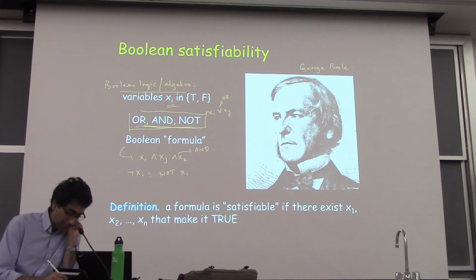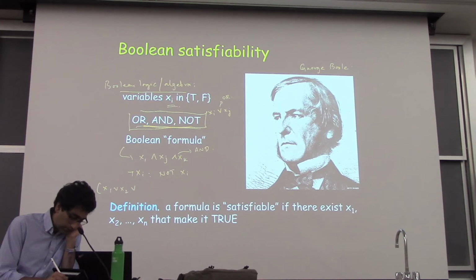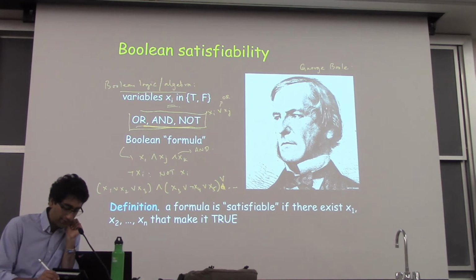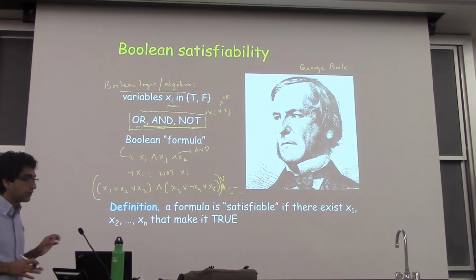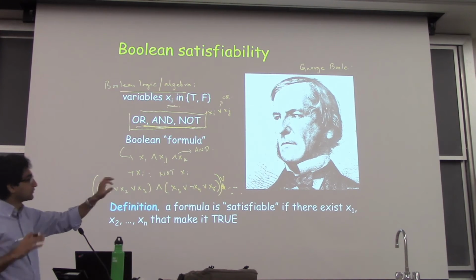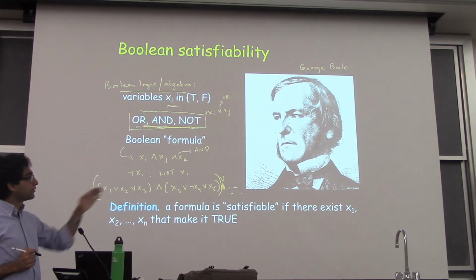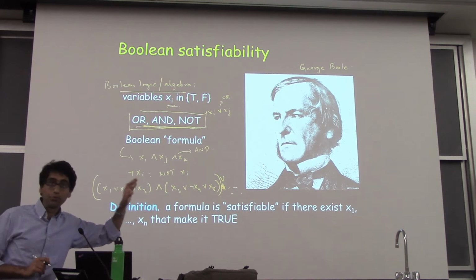So it could be something like x1 or x2 or x3, and x3 or not x4 or x5, and something else, or a more complicated thing. So you could even have an or here. So we know how to evaluate this. So that's a Boolean formula.